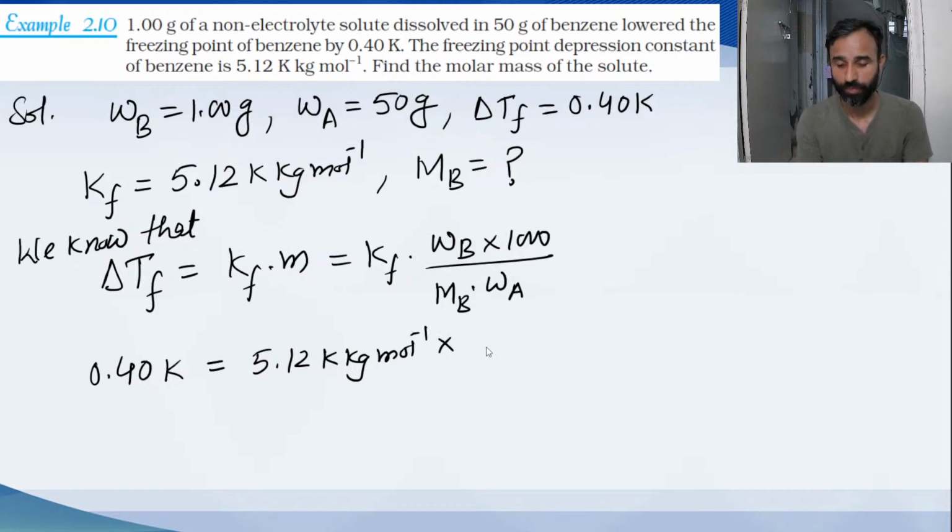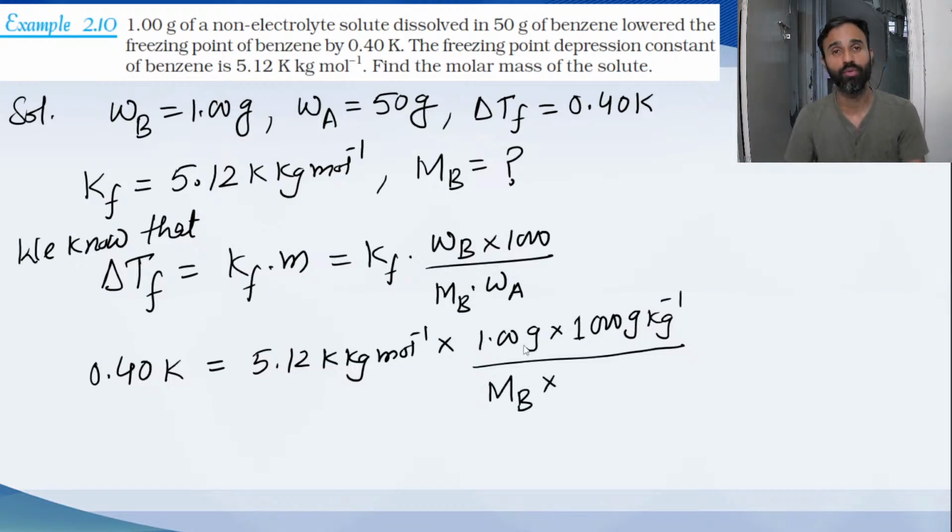WB is 1 gram into 1000 gram per kg, MB we have to calculate as the molar mass of the solute, and WA is 50 gram.